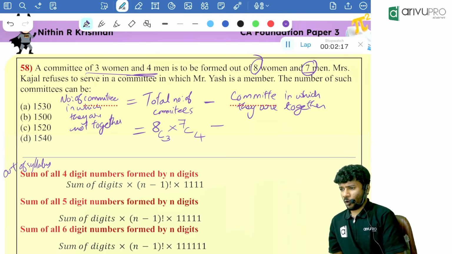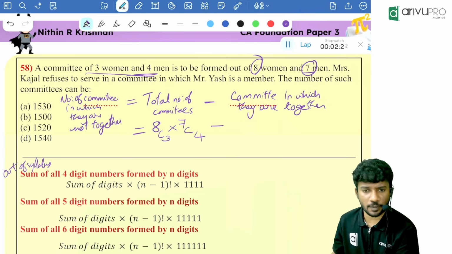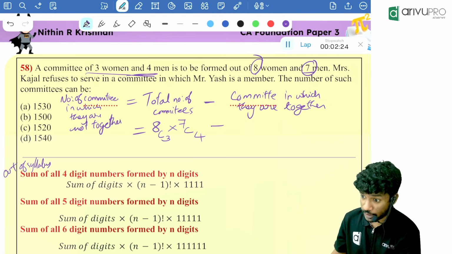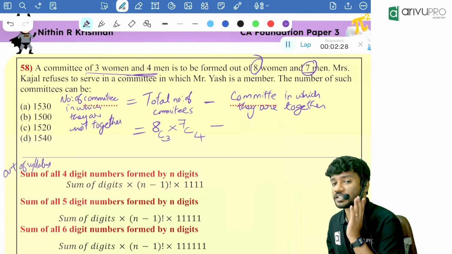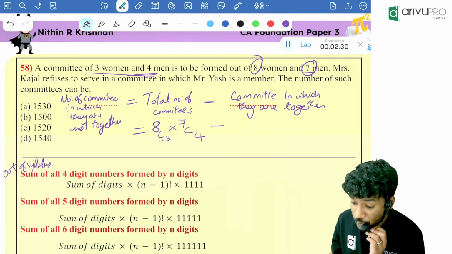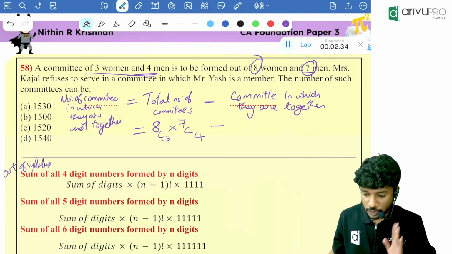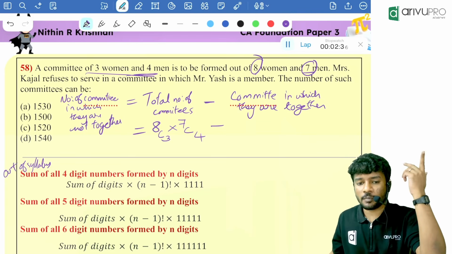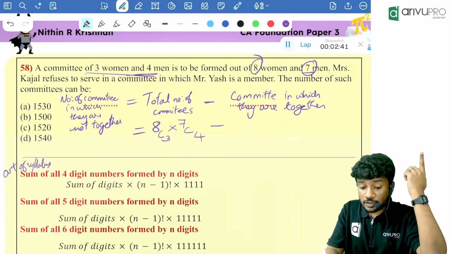That means Kajal and Yash are already selected for the committee. Already Kajal is selected, already Yash is selected. Now you tell me how many more people we should choose. Is Yash available for selection, or is Kajal?